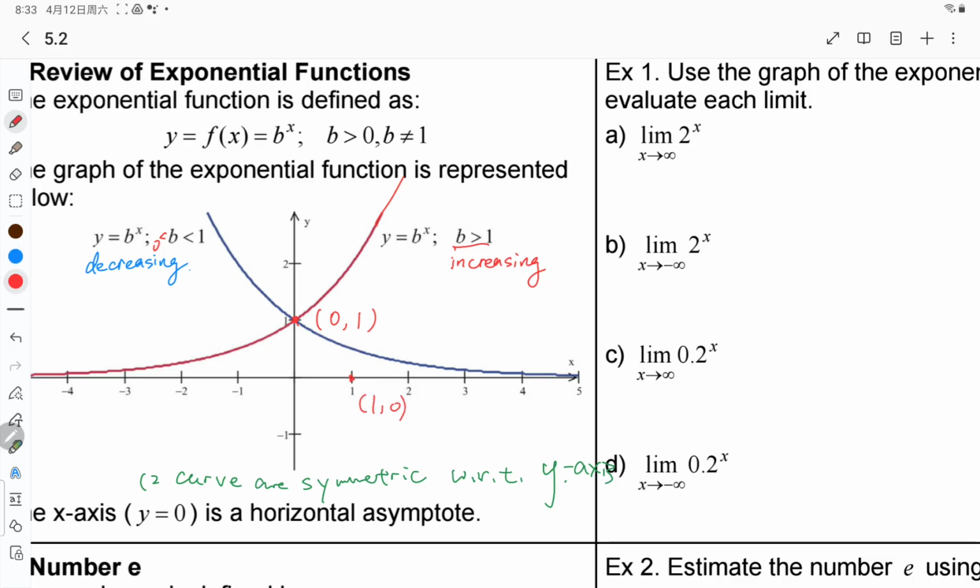And last time we talked about how logarithm functions are inverses of exponential functions. Inverses means that x and y exchange. So for fixed b, the logarithm function and the exponential function just flip each other along the line y equals x.